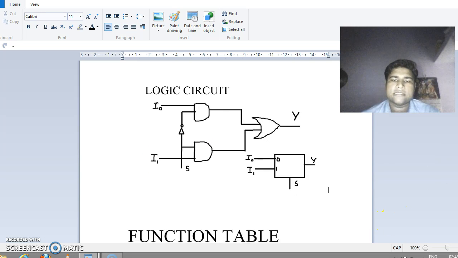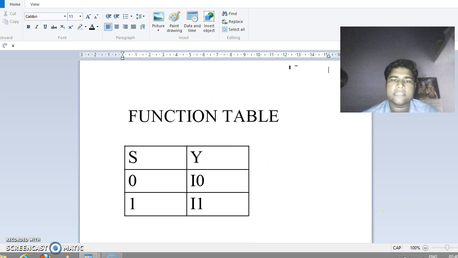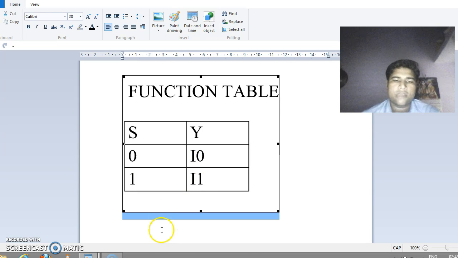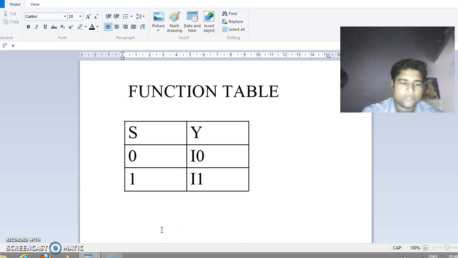And we can simply understand this by the function table. When S is equal to 0, Y is equal to I0, and when S is 1, then I1. Now what will be Y in terms of S?